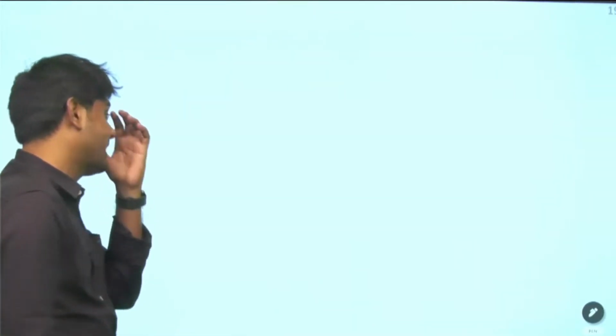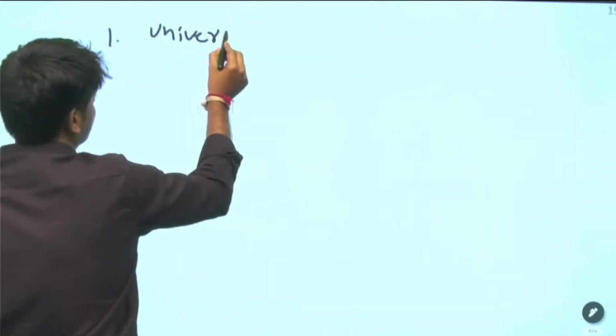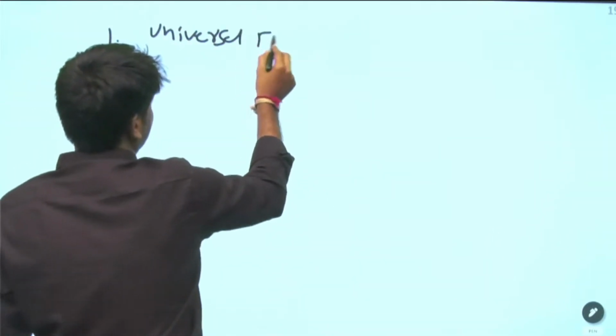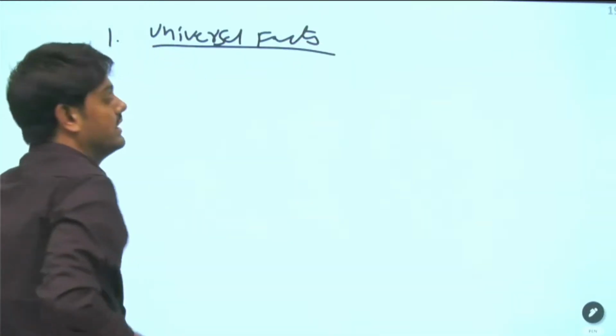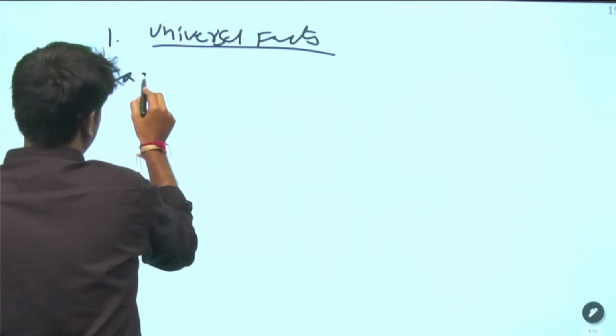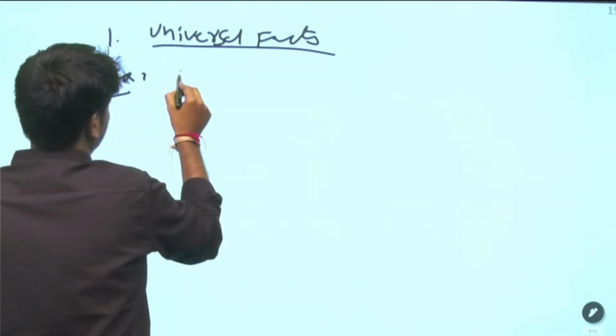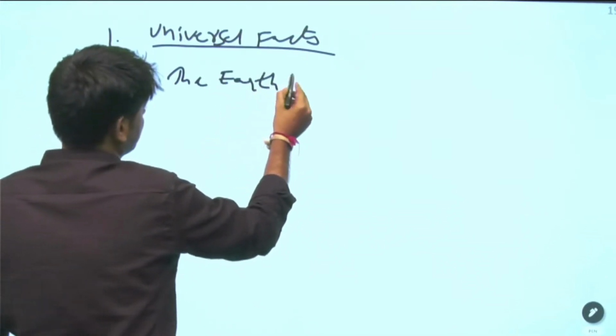Now coming to the usages of simple present tense. The first and foremost usage of simple present tense is for all universal facts. For all universal facts, we have to use only simple present tense. Let's take an example. The earth revolves round the sun.